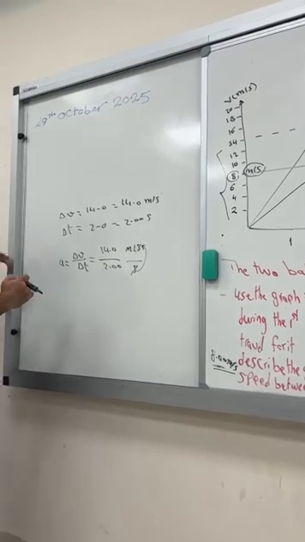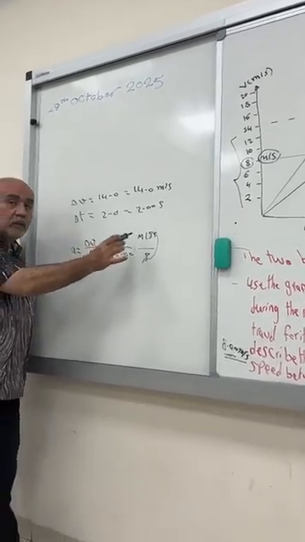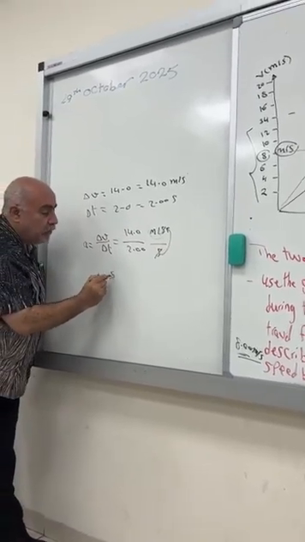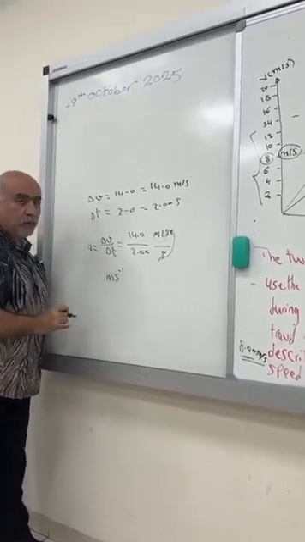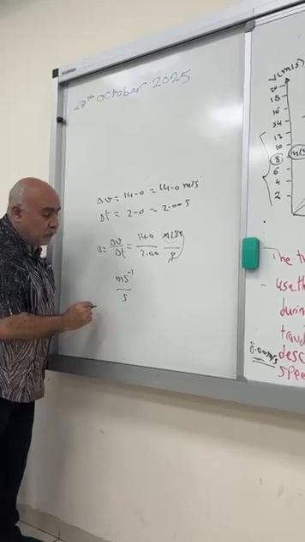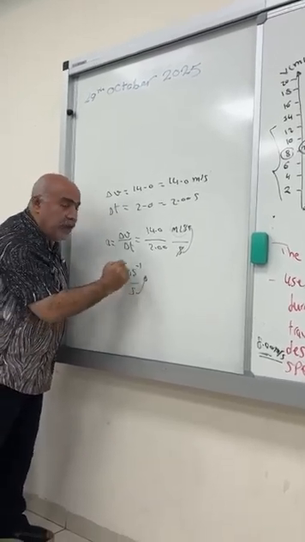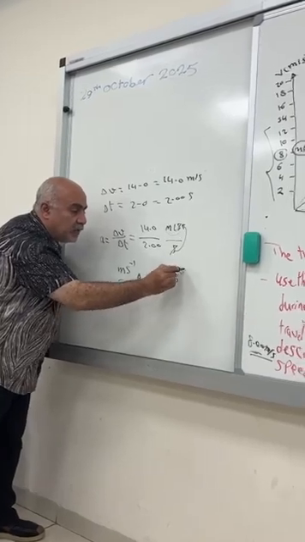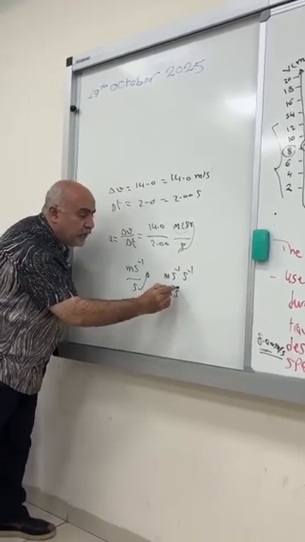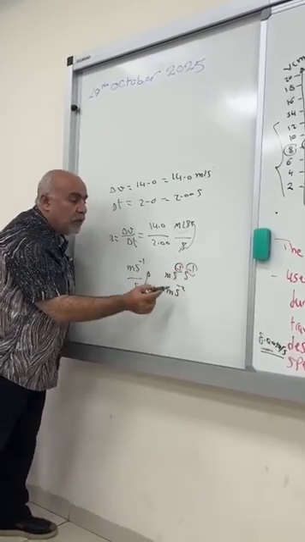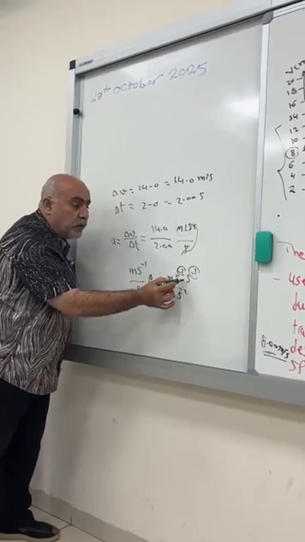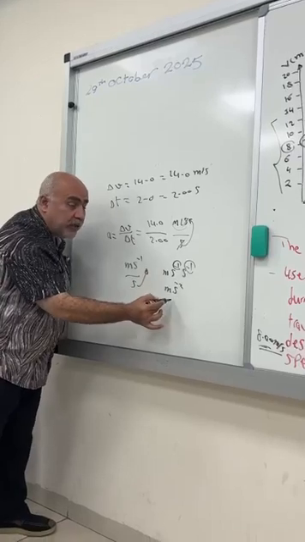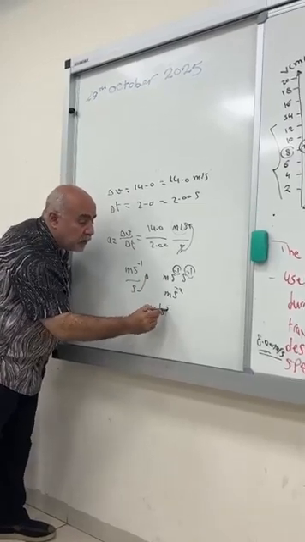Some students make this mistake. Here, meter per second looks like s to the power negative 1, and here s is down. If you move it up, it becomes s to the power negative 1 also. So it will be s negative 1 times s negative 1, which is s to the power negative 2. You can write it like this, or meter per square second.